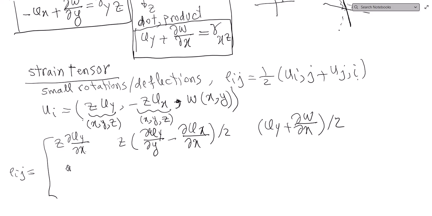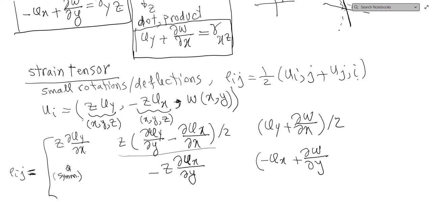And then symmetry means this element of the strain tensor, which is Eyx, is equal to Exy here, and Eyy is minus z d phi x dy, and Eyz is minus phi x plus dw dy divided by 2.